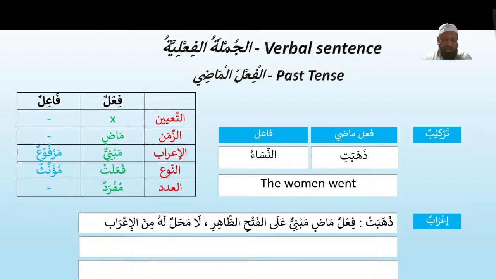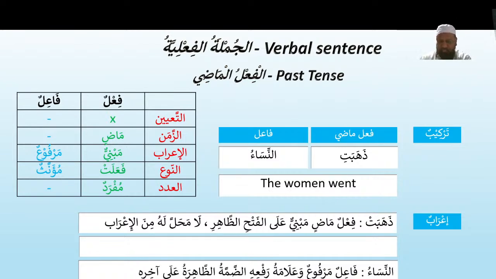For فعل مضارع, there will be عامل, means a governing particle before it, so there will be محل. As long as it doesn't have any حروف العاملة before, it will always be لا محل له من الإعراب.